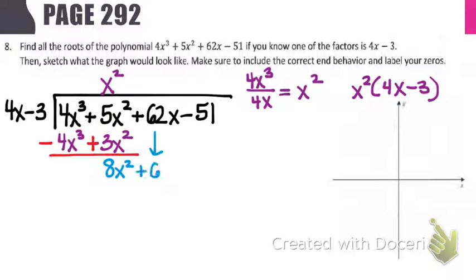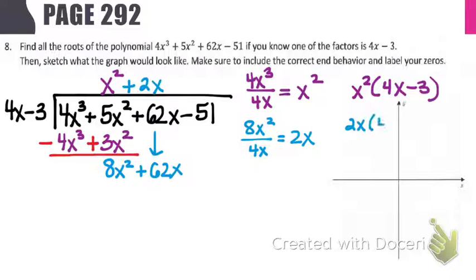Bring down one at a time and repeat. So you have 8x squared divided by 4x, which is 2x. Put that on the top. And then you take 2x times 4x minus 3.